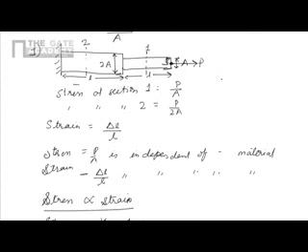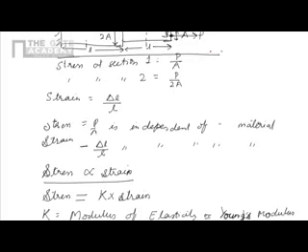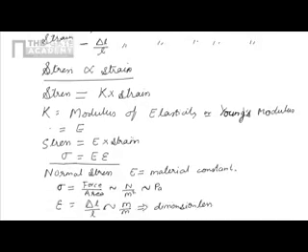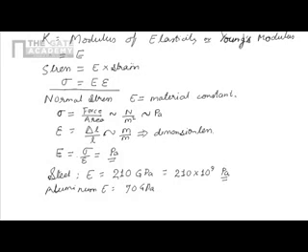Let us solve this problem again and try to figure out what will be the deflection of point A. Over here we assume that the Young's modulus of the material is E, and other quantities are all provided here. Let's solve this problem.